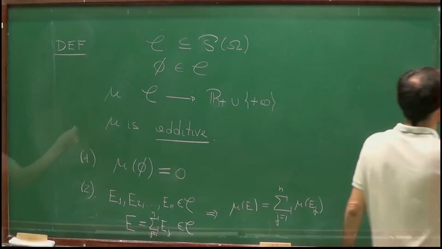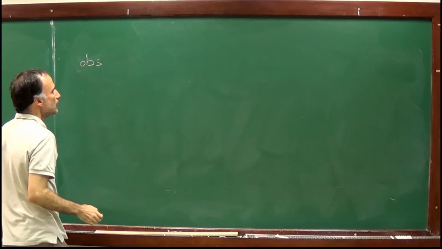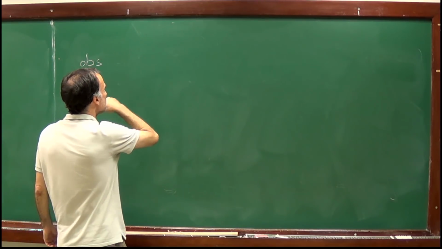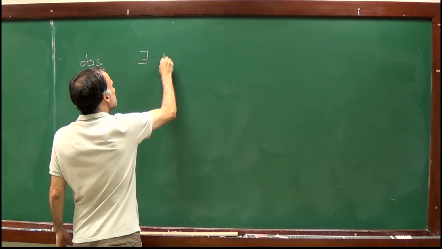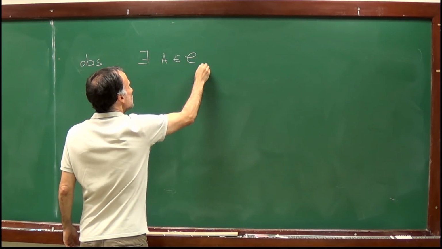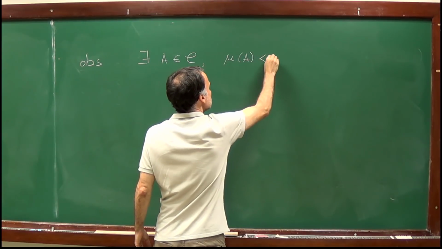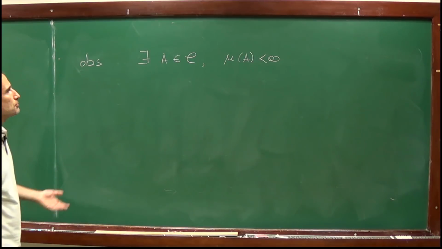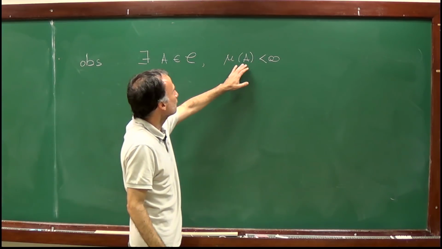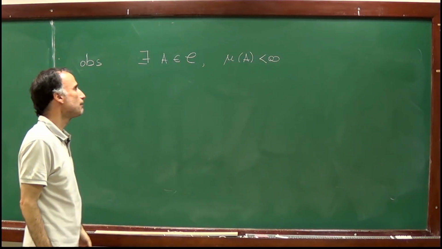Now let's see a trivial observation. Let's assume there exists a set A in C such that mu of A is finite. So assume that there exists one set whose value under mu is finite.